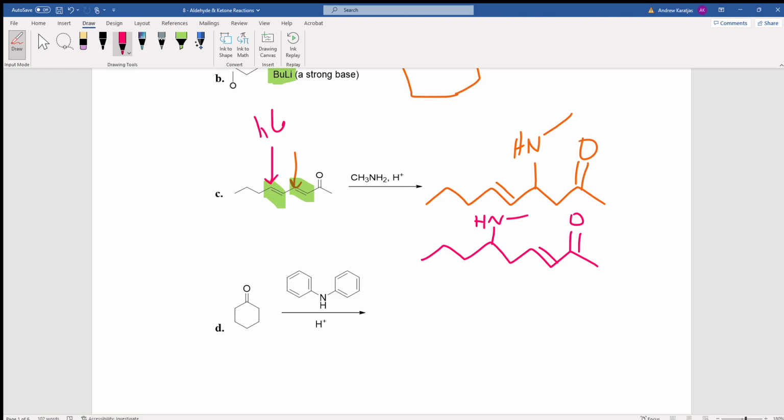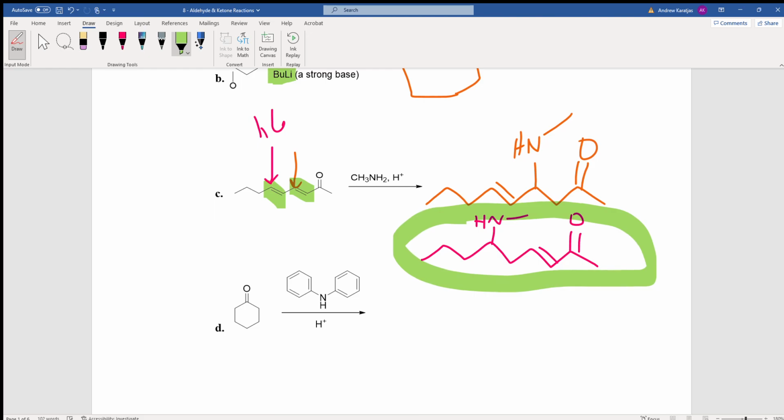Now, is one of those answers better than the other? The answer here is yes. And if we use the logic that we've learned in class, which is that 1,4 addition is favored because it gives you a more stable product, then we would have to come to the conclusion in this case that the 1,6 product is even better.